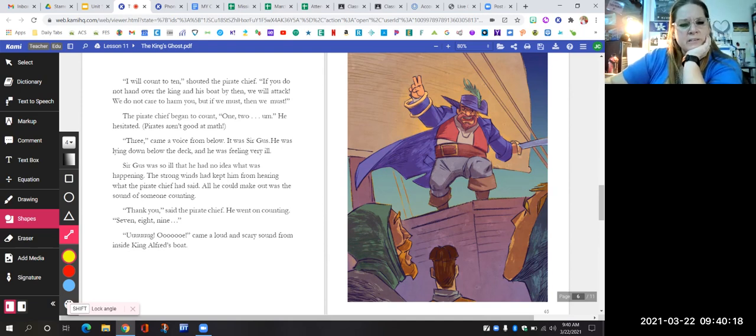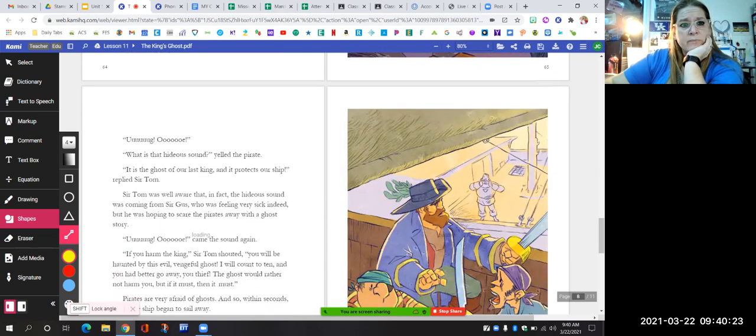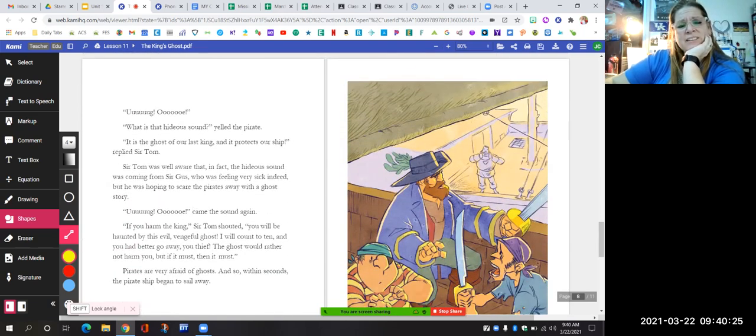Came a loud and scary sound from inside King Alfred's boat. "What is that hideous sound?" yelled the pirate. "It is the ghost of our last king, and it protects our ship," replied Sir Tom. Sir Tom was well aware that, in fact, the hideous sound was coming from Sir Gus, who was feeling very sick indeed, but he was hoping to scare the pirates away with the ghost story.